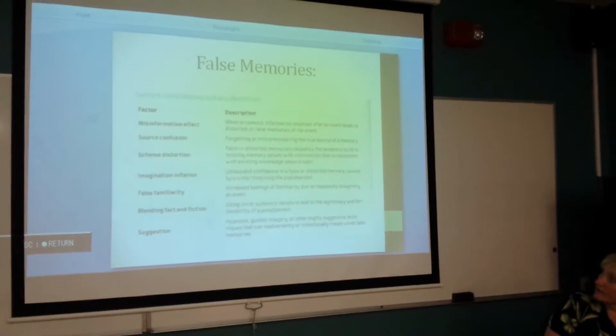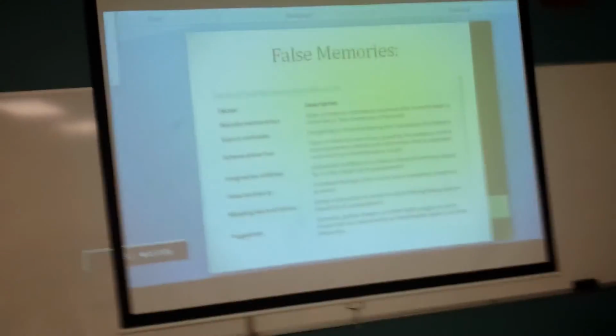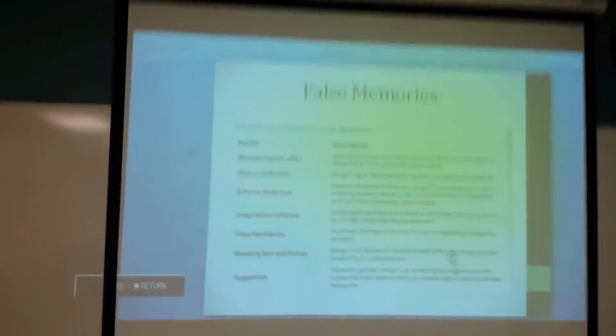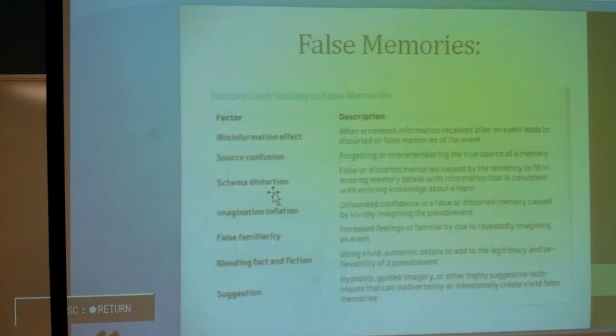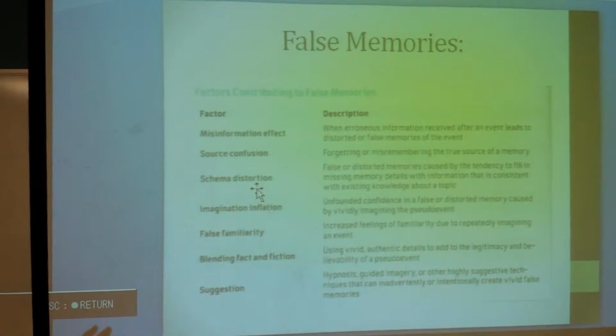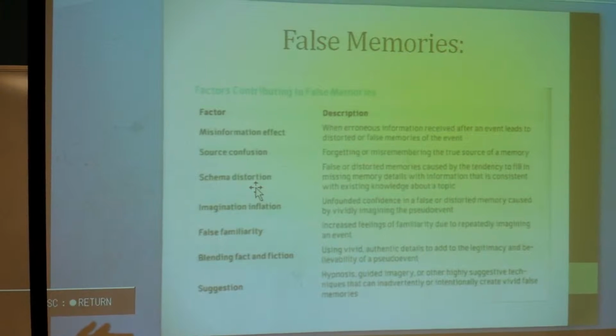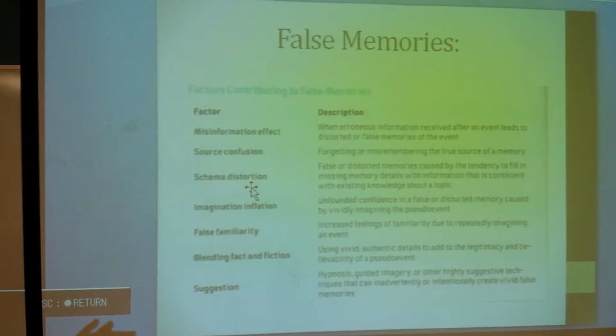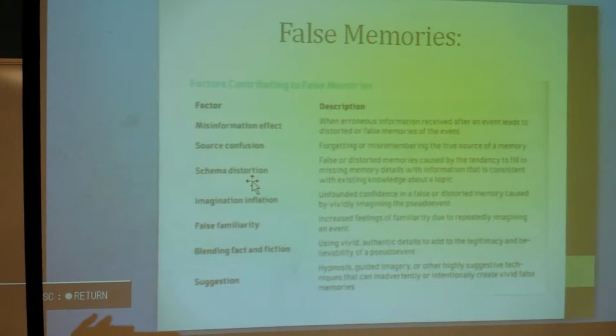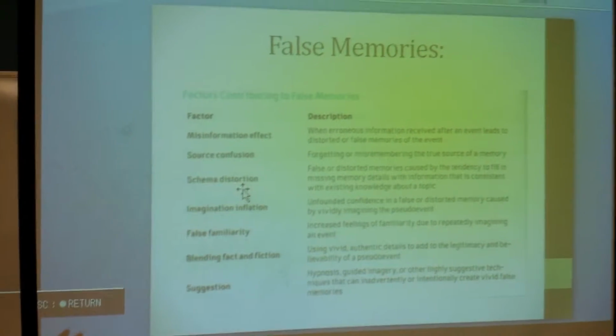If we look at, you can read these here, forgetting or misremembering the true source of a memory, source confusion. I want to go to the schema distortion here. False or distorted memories caused by the tendency to fill in missing memory details with information that is consistent with existing knowledge about the topic. And that was a study that was done on a psychology professor's office.